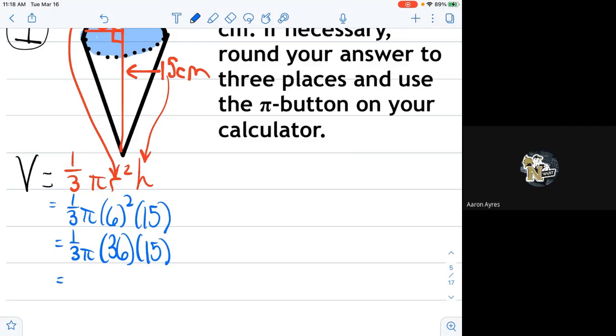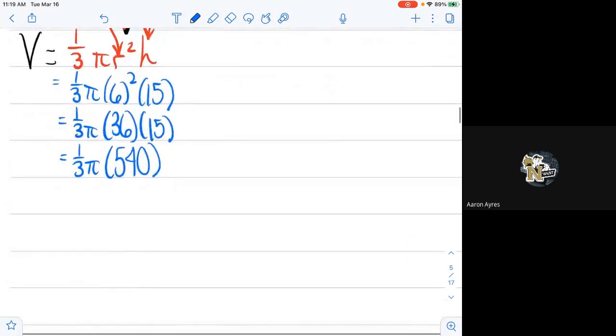Who has that number for me? Okay, great. Lily? 530? 540. Okay. That's what I was checking for. So 1/3 pi times 540, right? Now, we know this is going to become pi times 540 over 3.